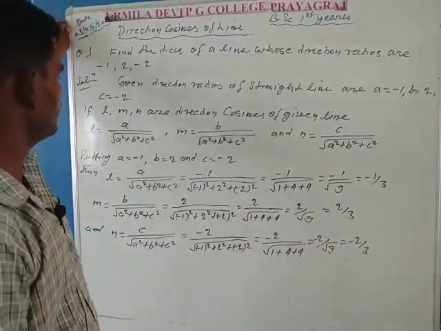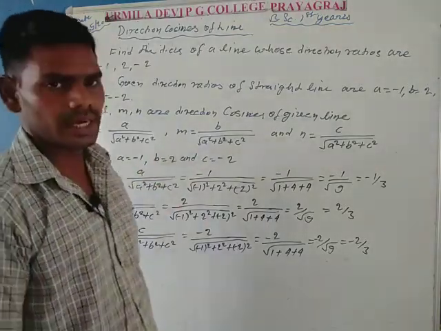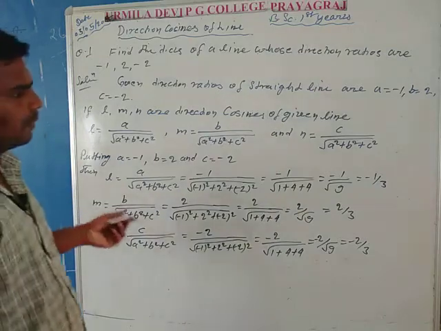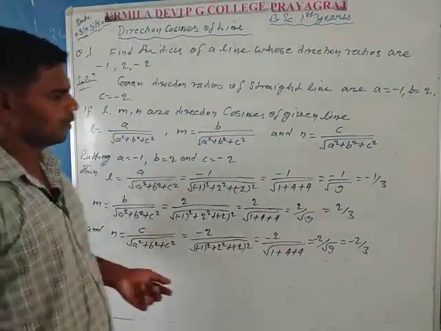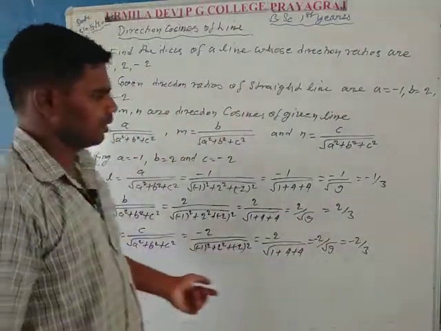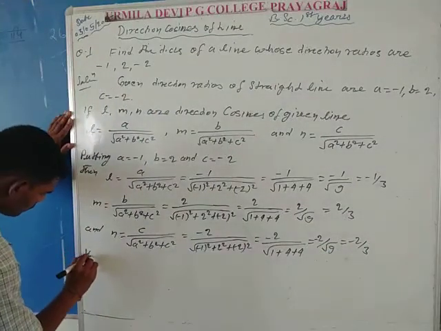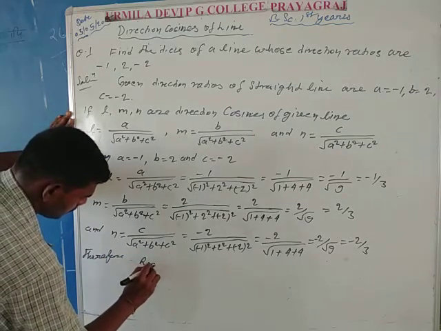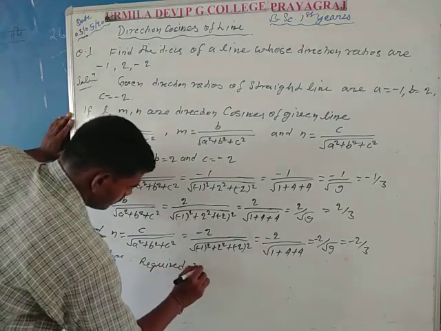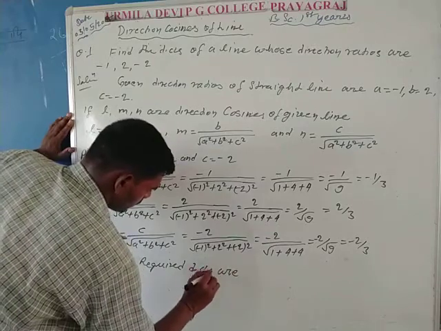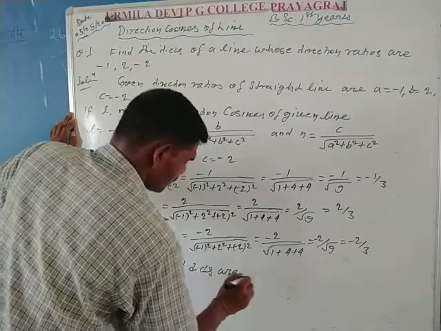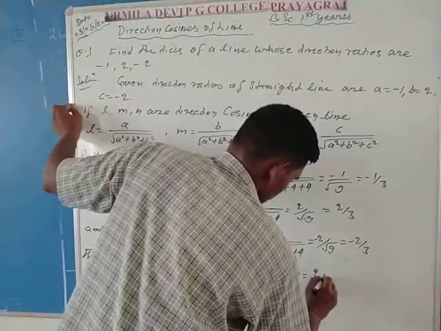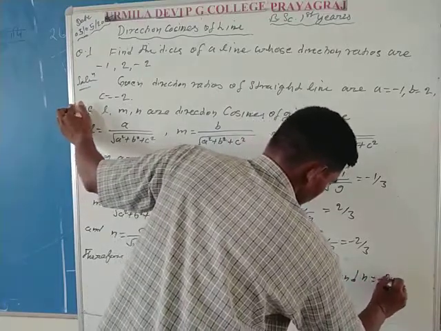So with the help of the formula, which relates direction cosines and direction ratios, the values of small l, m, n are clear. l is equal to -1 by 3, m is equal to 2 by 3, and n is equal to -2 by 3. Therefore the required direction cosines are l is equal to minus 1 by 3, m is equal to 2 by 3, and n is equal to minus 2 by 3.